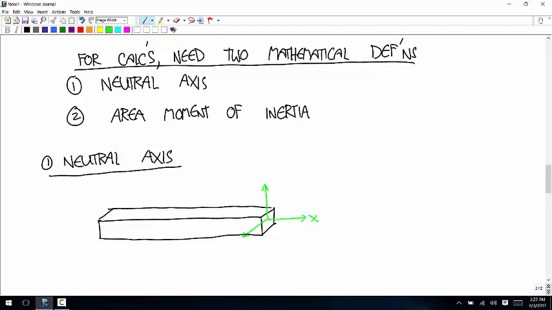The x-axis is along the beam, the y-axis is up, and the z-axis is horizontal. And the neutral axis is parallel to the z-axis. In fact, we're going to choose where to put the z-axis based on where that neutral axis is. So the neutral axis is always going to correspond to the z-axis. But that doesn't really tell us where the neutral axis is. That just tells us where we're going to put the z-axis.